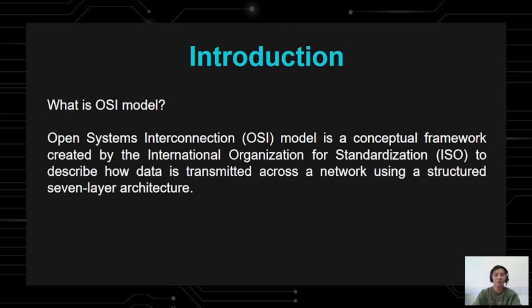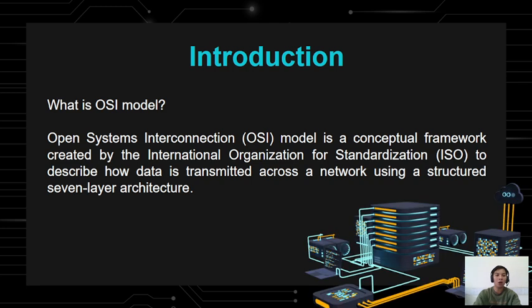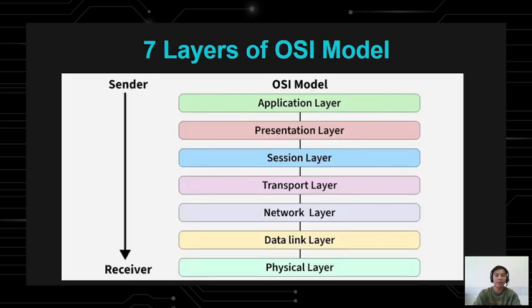Before the OSI model was introduced, different systems had difficulty communicating with each other because they followed different standards. So, the OSI model was created to provide a standard structure consisting of 7 layers, where each layer has a specific function. So these are all the 7 layers.